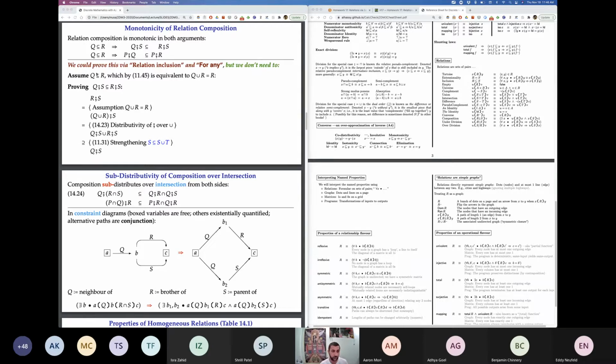If you notice, we're proving Q and then S is contained in R and then S, all right, provided Q is contained in R. And here's something new. We've usually just unfolded the definition. We're like, what does this fat semicolon mean? And we're like, oh, it means use an existence. And what does this inclusion mean? It means use a for all, and then implication.